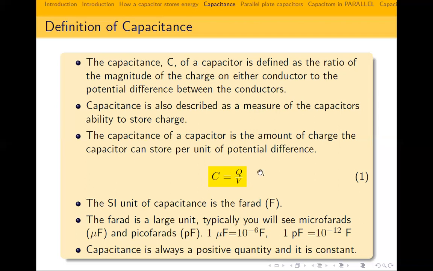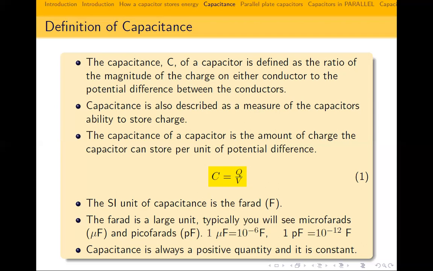So you can see the first three bullets that we have here, we are only trying to understand how you can describe capacitance. We can talk about it as the ratio of charge to the potential difference, in bullets 1 and 3. You can also describe it as the measure of the capacitor's ability to store charge.